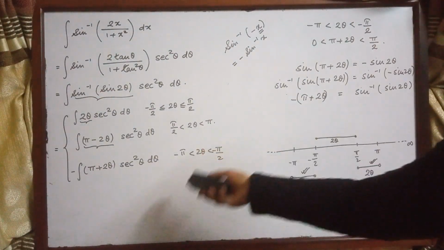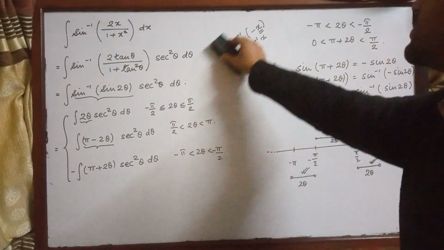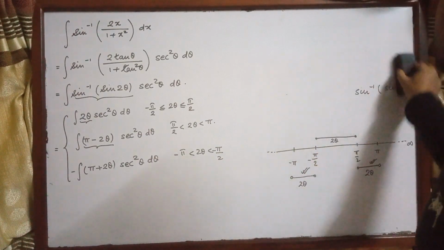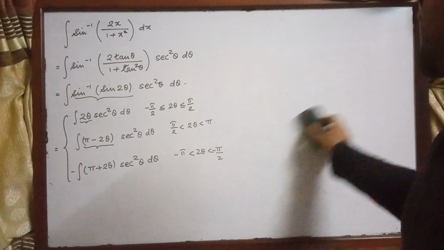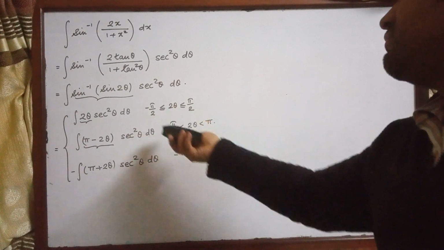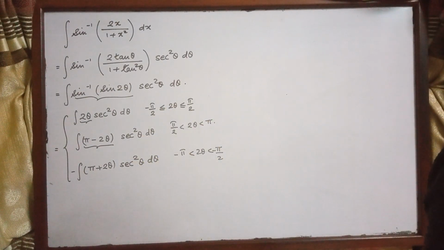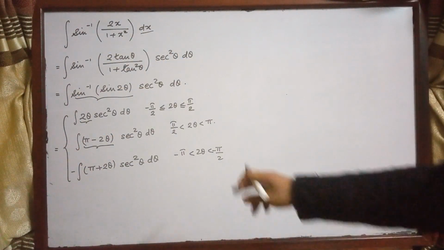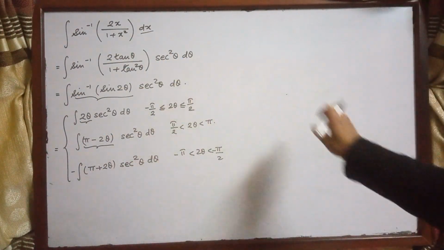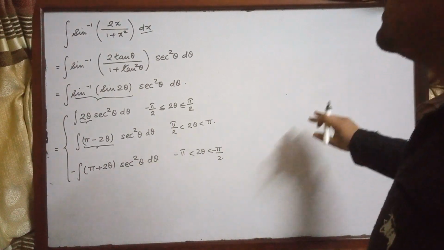Now we have considered all the possible cases. Now we are not really interested in the cases involving twice theta because the original variable of integration is x. So let's try and write it down in terms of x.